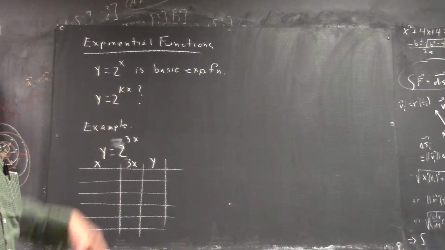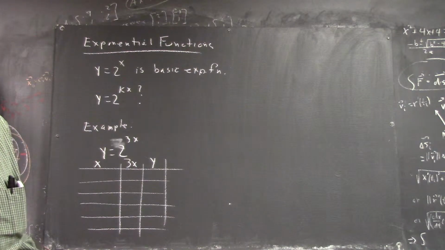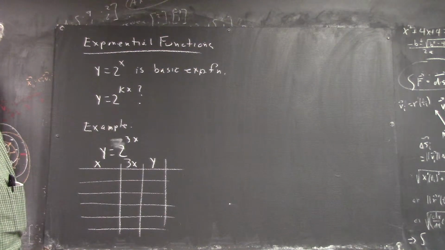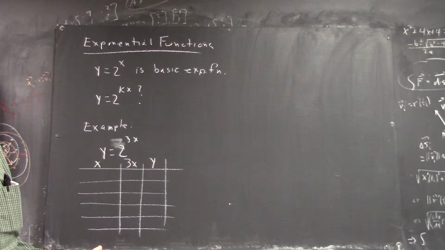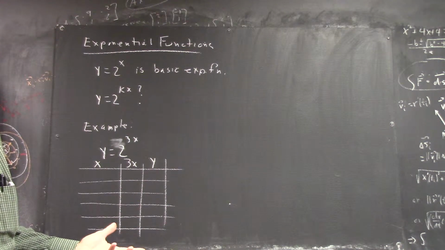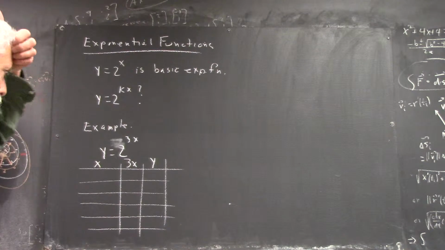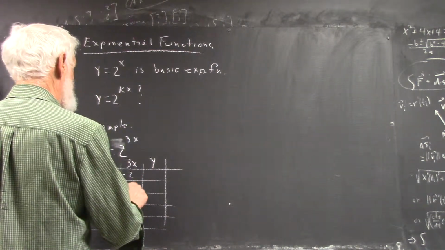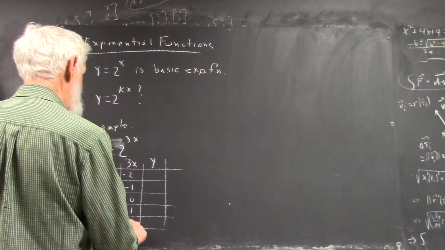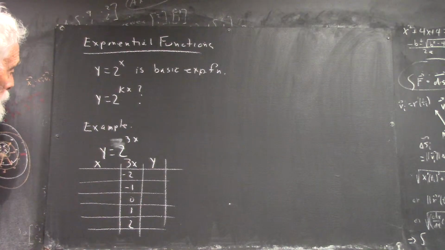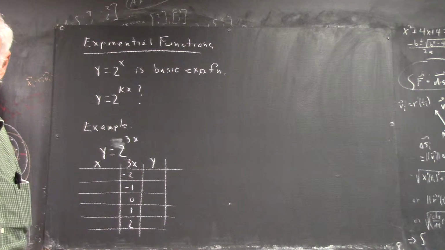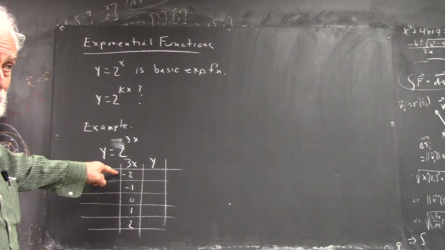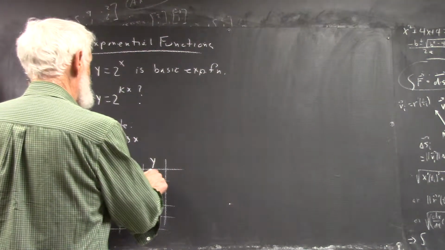What powers of 2 can I actually calculate? Pretty much any whole number, right? Any integer. But what I want to calculate is y for numbers that I'm used to. So if 3x is negative 2, we know then that y is going to be 1/4.